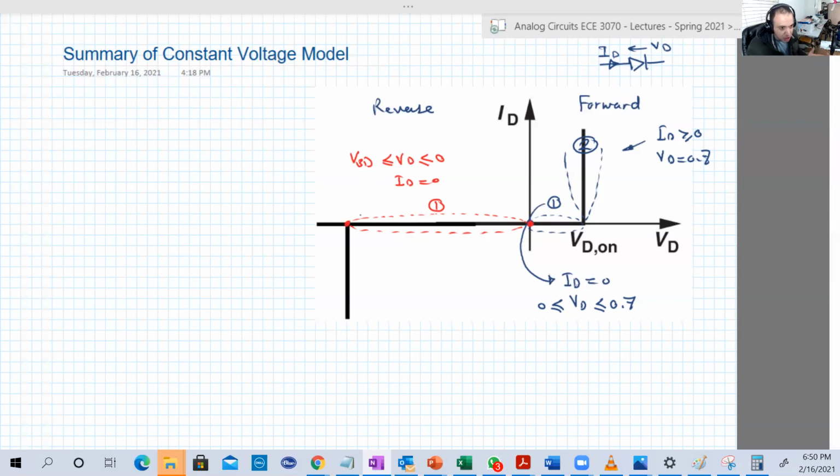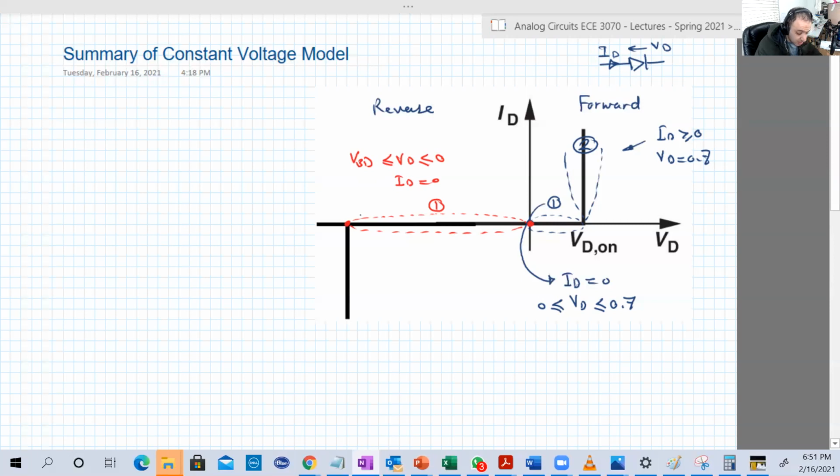It belongs to both regions. And you must find the voltage here negative. Negative means negative with respect to that direction. If you find it positive, then your assumption is incorrect. And in forward, you find the voltage positive. If you find it negative, or the current negative, then your assumption is also incorrect.